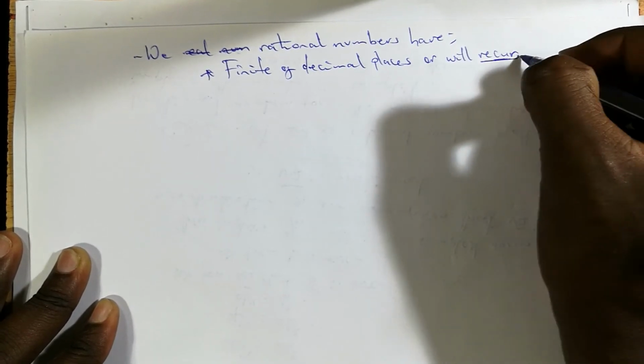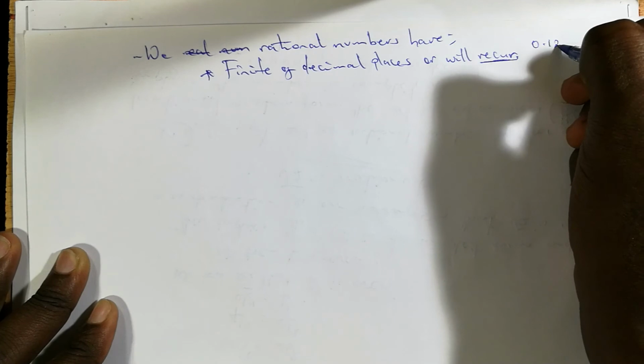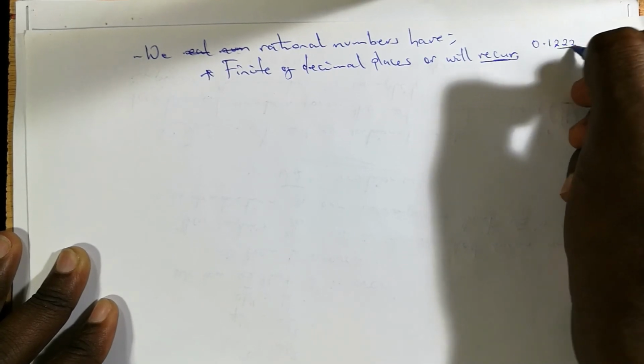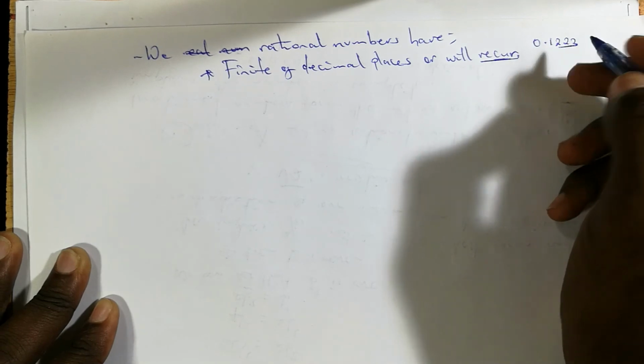By recurring, I mean repetition. I can say 0.12, then maybe 2 repeats. That's what I mean by recur. So by this I say 2 is recurring.